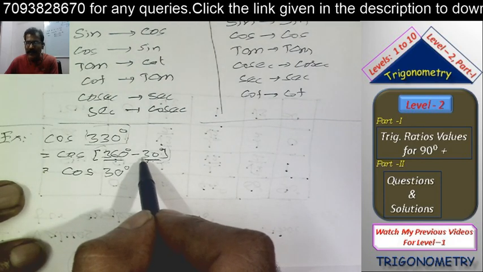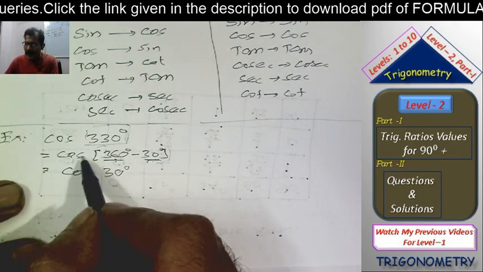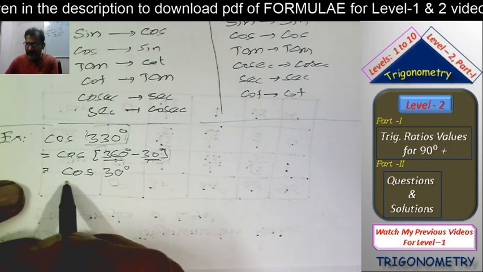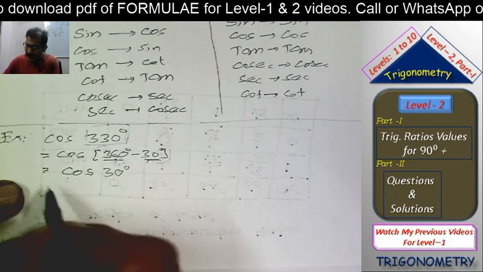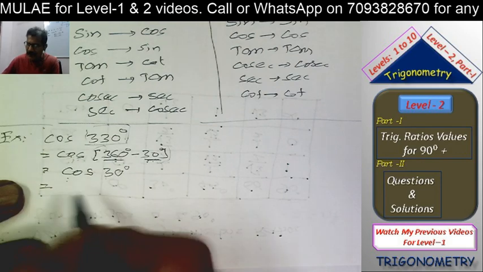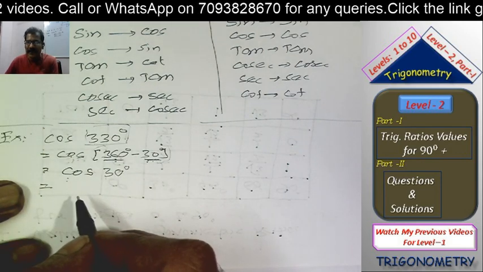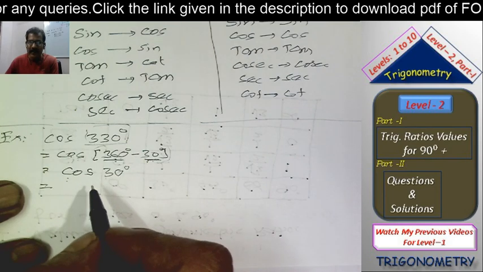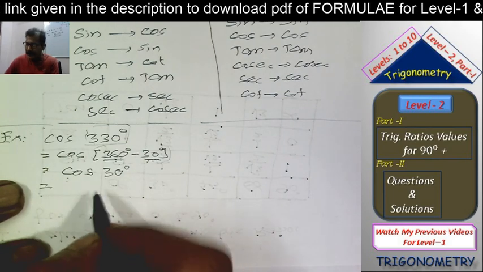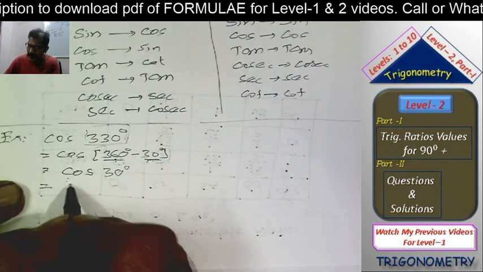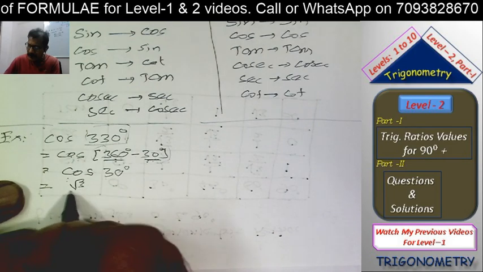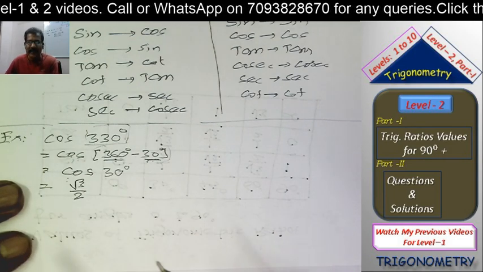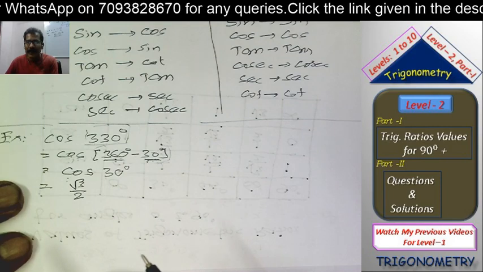In the fourth quadrant, cos is positive, so this remains positive. So cos 30 is this value. Then finally you can write the cos 30 value. From the table in the previous videos, I gave all the most frequently required values from 0 to 90 degrees. Cos 30 is root 3 by 2. Then the cos 330 value is root 3 by 2.